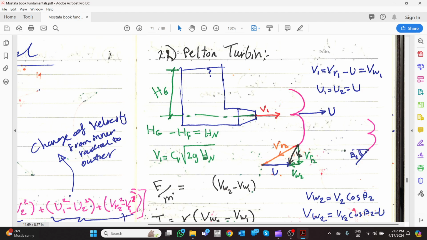Okay, and the velocity here is equal to Cv, which is constant for the nozzle, multiplied by root of 2g h net. So how much head I have here, it is like an orifice or a nozzle now. So if this coefficient is not there, we know it is root 2g h, but because there is a coefficient for the nozzle, it is Cv.